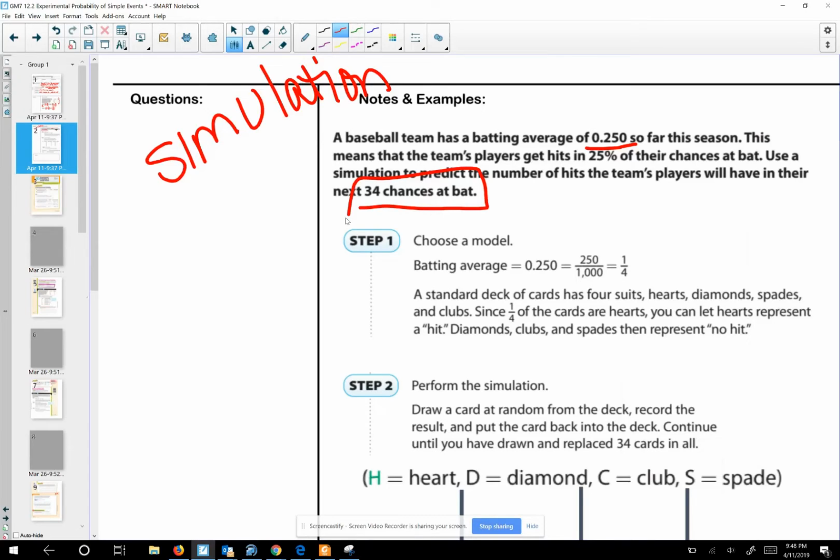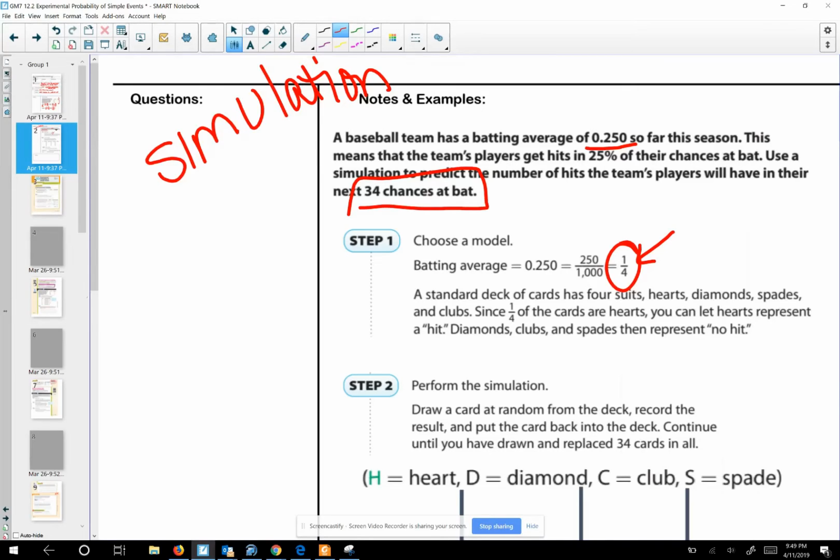We see that their batting average is 25% or 250 thousandths, which is the same as 1/4. Because getting the whole team to actually do this, and we just want to run and get a prediction, we're going to make up a simulation that has the same odds, but is going to be a lot easier for us to perform.